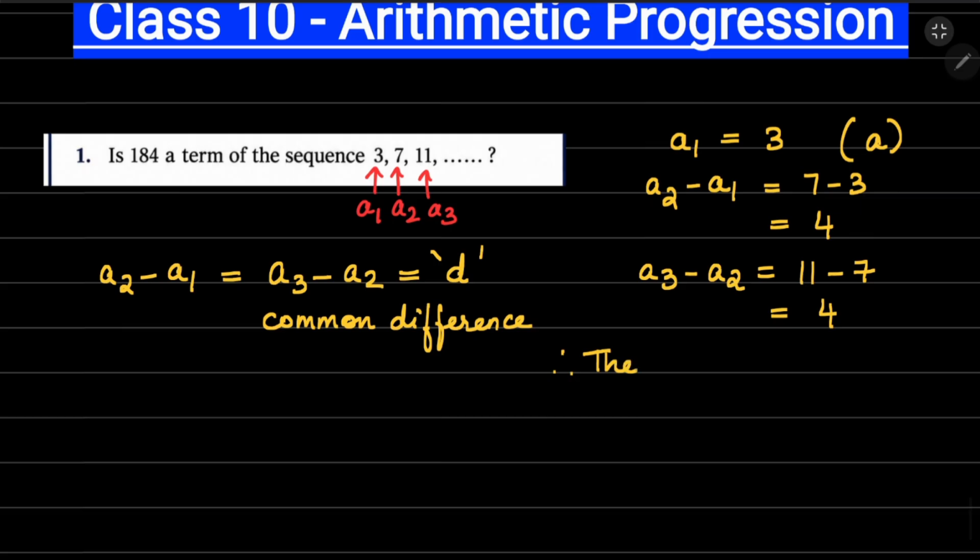Therefore, the given sequence is an arithmetic progression. Now you have to check if 184 is a term in the sequence. So as it goes on and on, you have to check if 184 is a term.